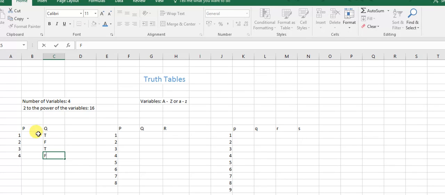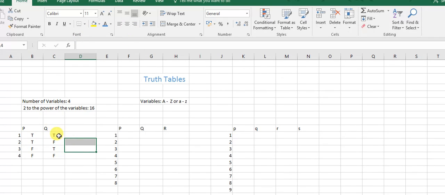That's for Q. And for P, you go up by ones, so it'll be T, T, F, F. So this just alternates.